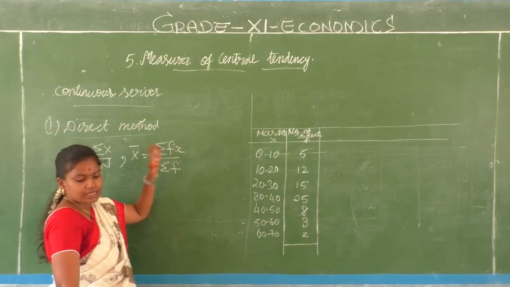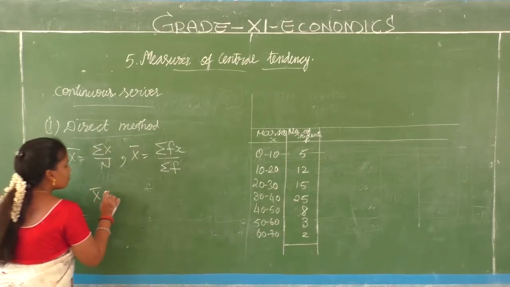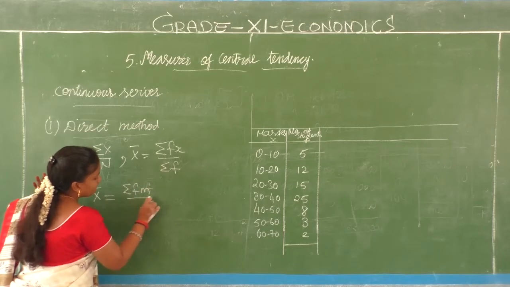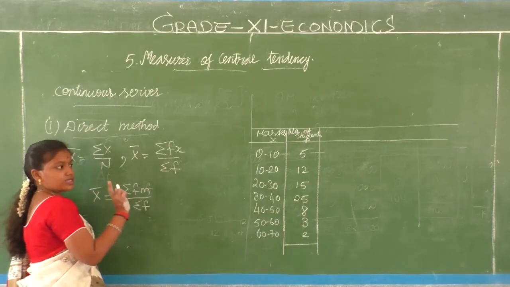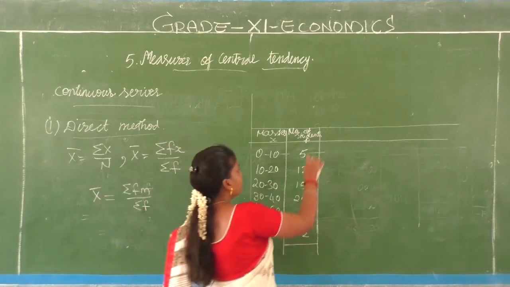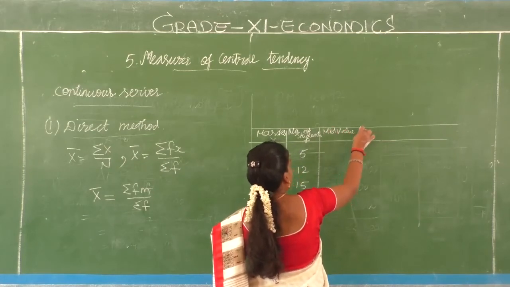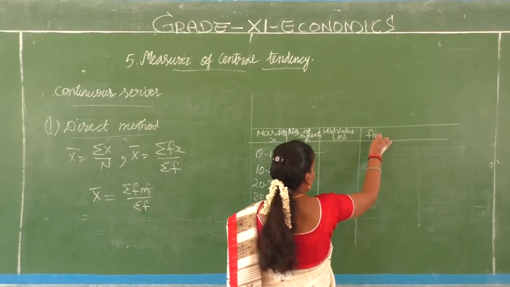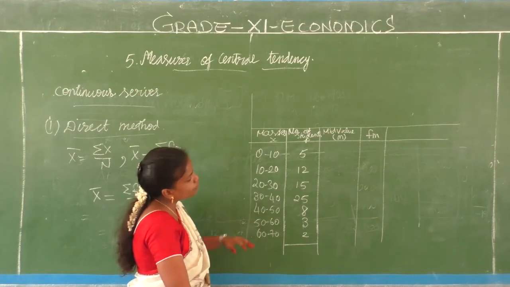We are going to take m, that is the mid value. So here the formula is x bar is equal to sigma fm by sigma f. The frequency is the same. X alone we are changing to m, the mid value of each class. That's going to be m, and you're going to find another one called fm. Right, children? What are we going to do here?